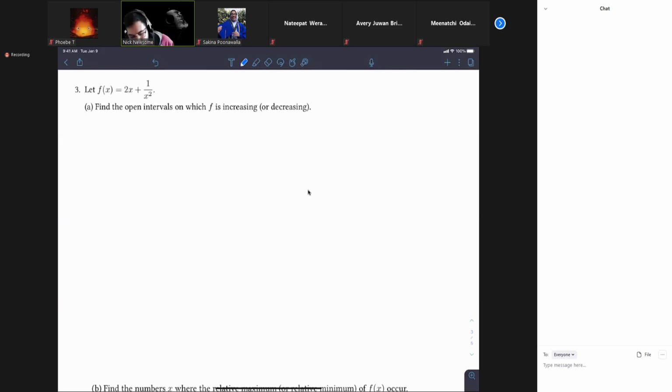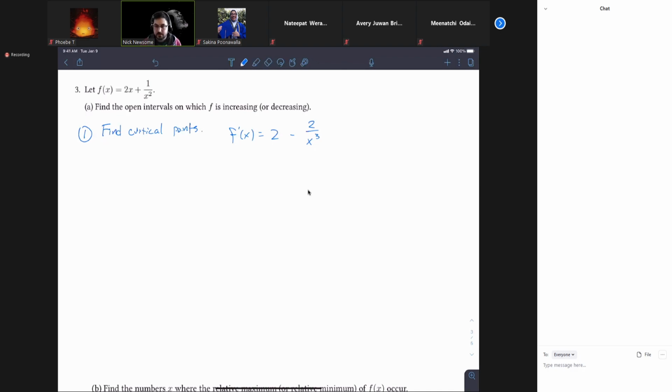Okay, so the first step is to find critical points. Okay, so to do that, we need to do f prime and set it equal to 0. Okay, derivative: 2 minus 2 over x cubed.